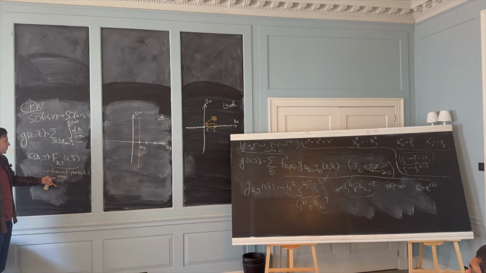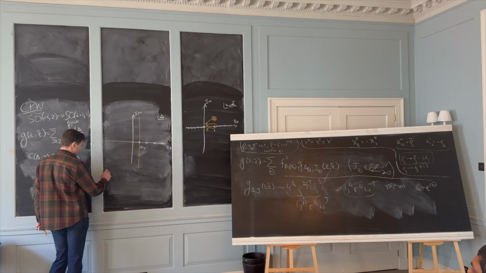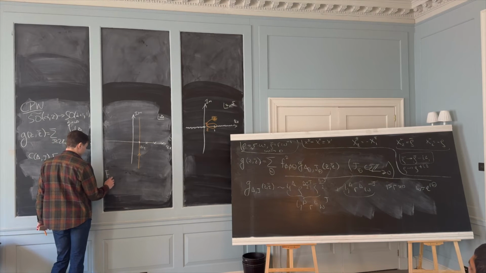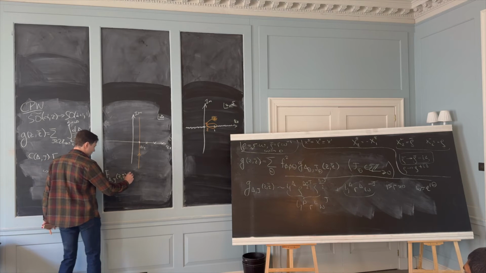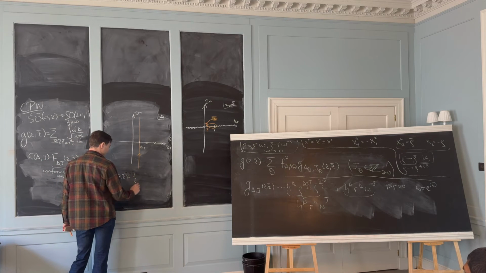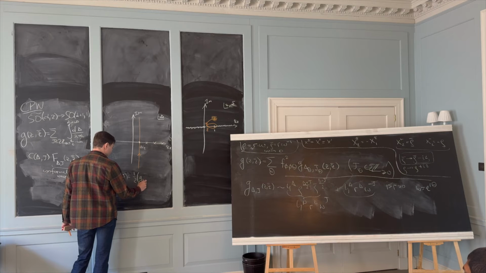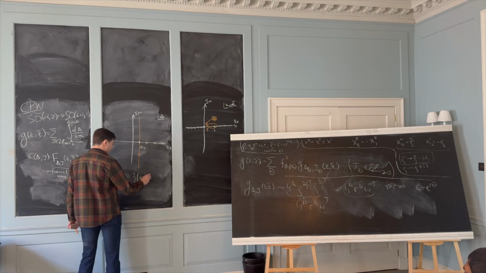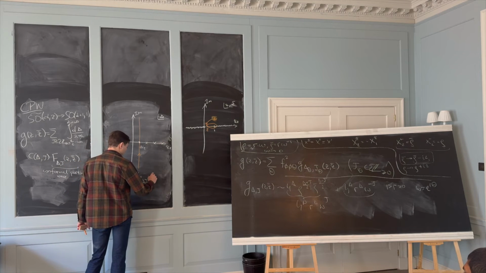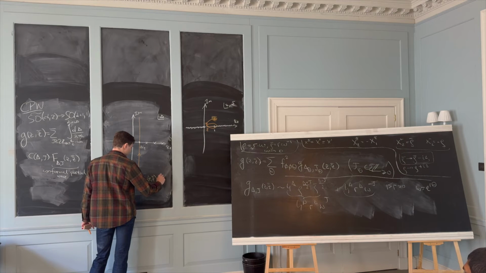So these functions are analogous to conformal blocks and can be expressed, in fact, in terms of conformal blocks by saying that f delta j of z z bar is 1/2 of g delta j of z z bar plus some coefficient.